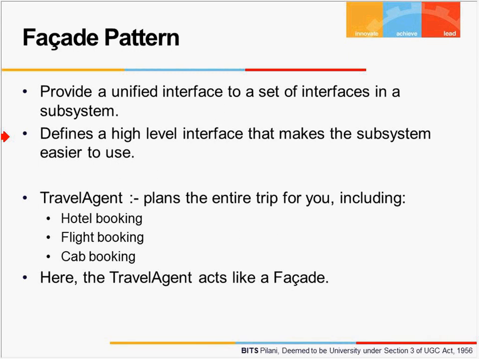So the idea is to define a high-level interface that makes the subsystem easier to use, right? So if there are n number of subsystems which the user is required to access and to interface with, this pattern suggests that you introduce a unified interface to use, which in turn interfaces with the rest of the subsystems.